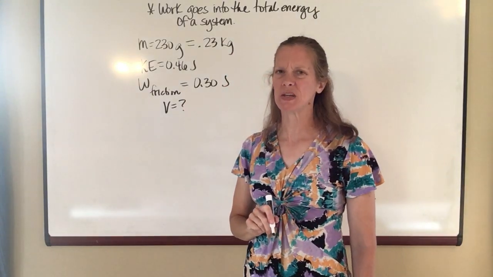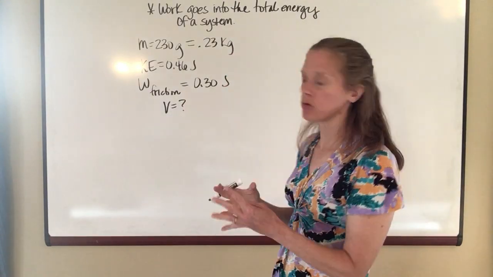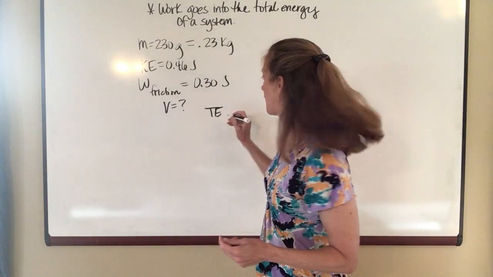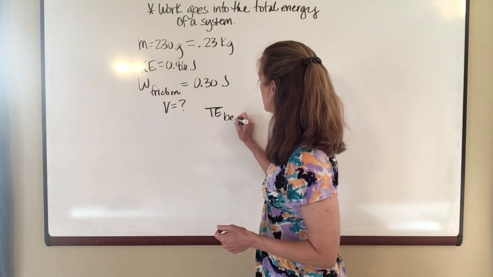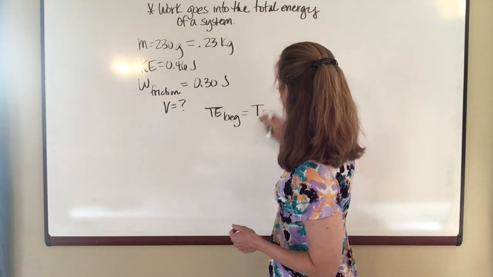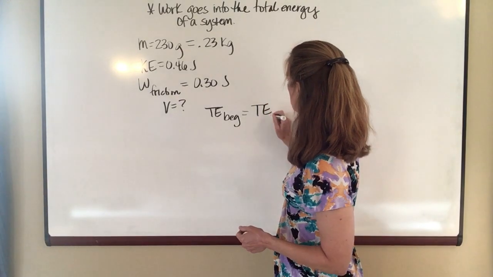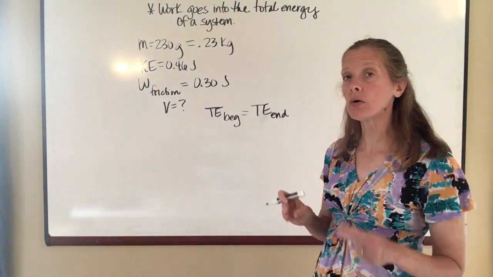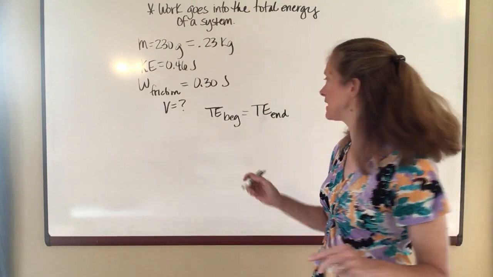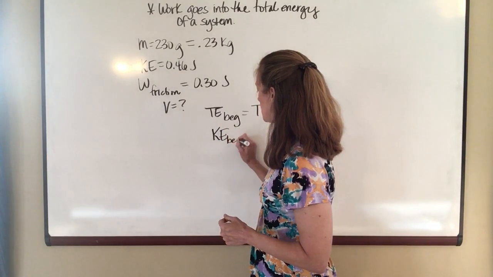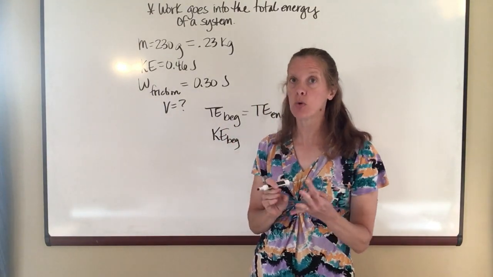Okay, so let's analyze the total energy of the object. We know that the total energy of the object at the beginning has to be equal to the total energy at the end. The total energy at the beginning, right when it begins moving, is going to be kinetic energy only. So no work's been done on it.